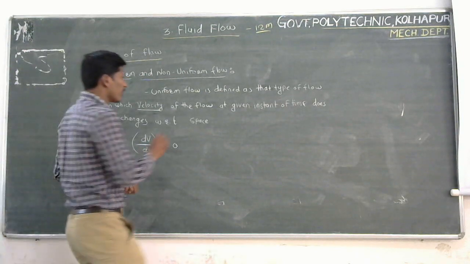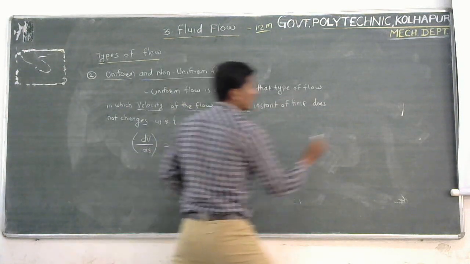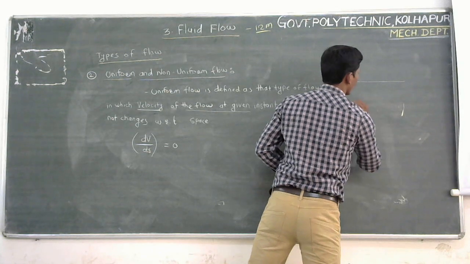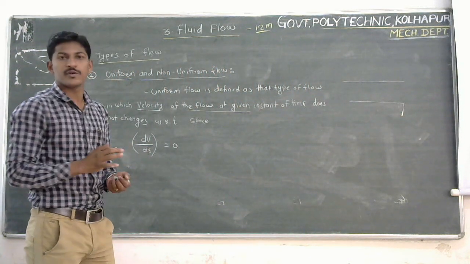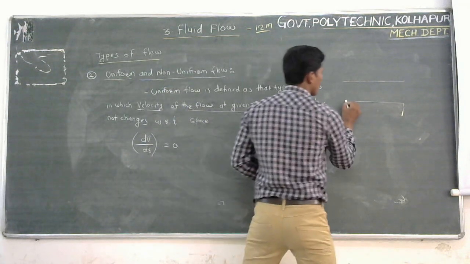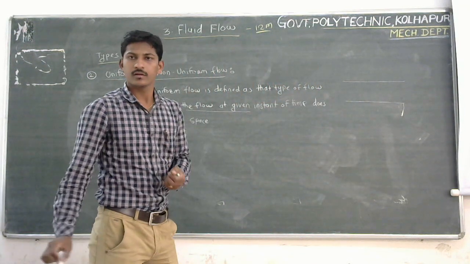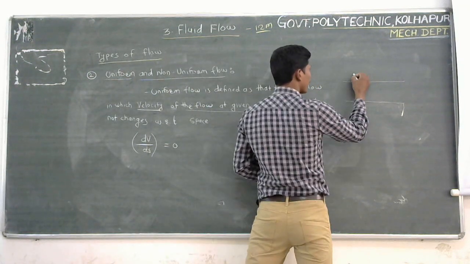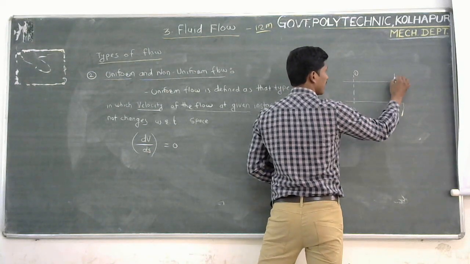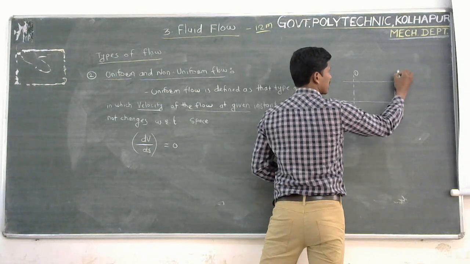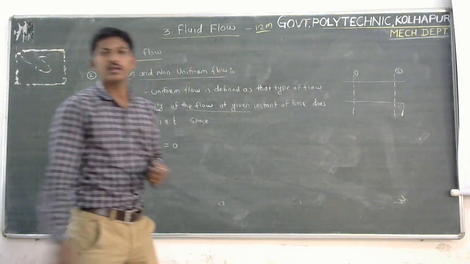Right? So how can we understand this property? If we consider a pipe flow, like we have seen in the previous property, and in that pipe flow we have considered two sections, section 1 and section 2.